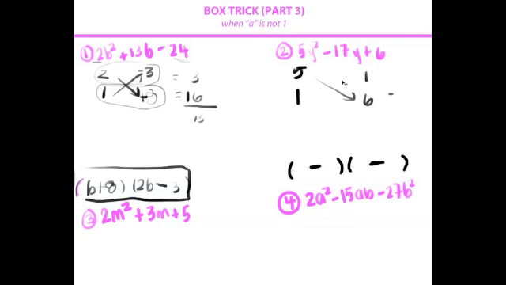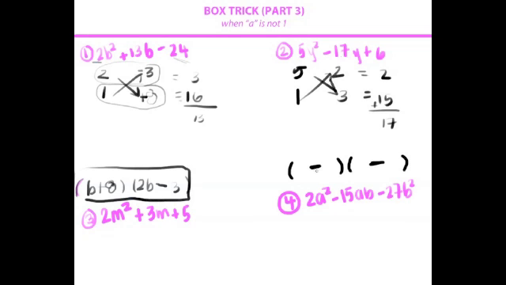What are some other factors of 6 that might work? Maybe the 3 and 2 might work. 5 times 3 is 15. 1 times 2 is 2. And if I'm adding, because the back sign is plus, if I add those together, yes, I get 17. I can stop.